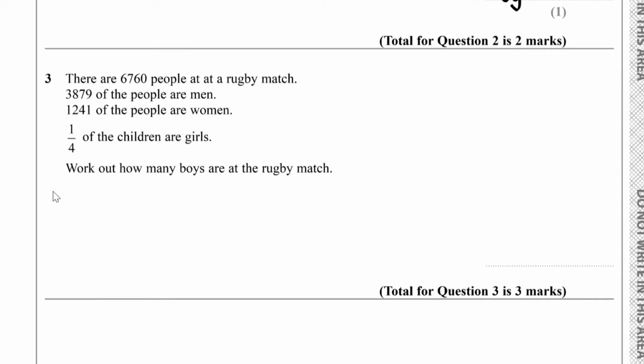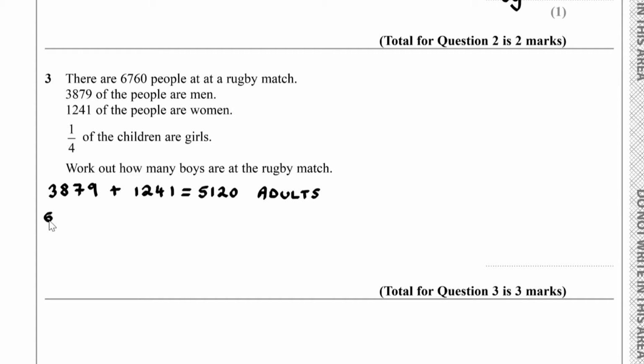Well, if I add together the 3,879 to the 1,241, it turns out we get 5,120. So there are 5,120 adults at this rugby match.